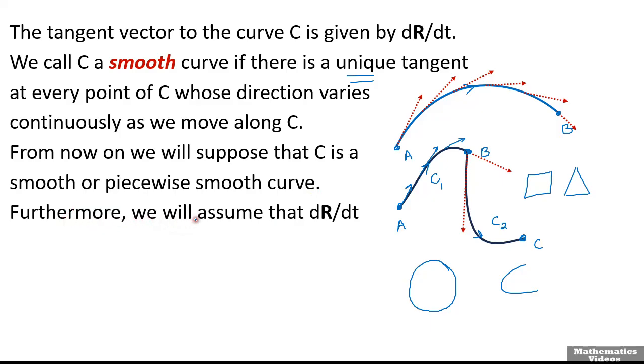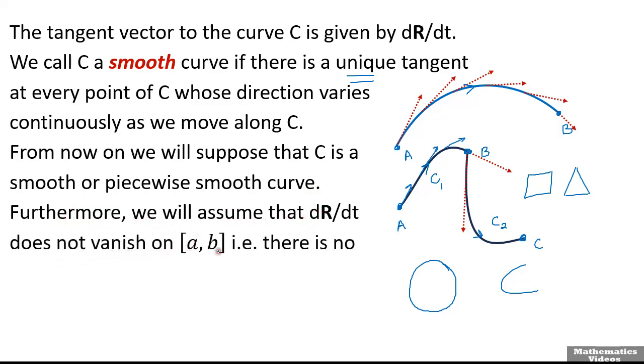Furthermore, we will suppose that the derivative dr/dt does not vanish on the interval from a to b. It means that there is no point in the curve C at which the tangent vector is the null vector. This means, from differential geometry, that there is no singular point in the interval from a to b.